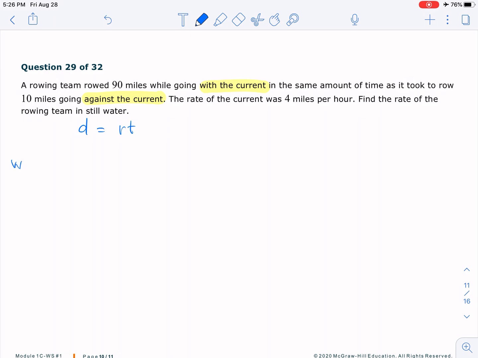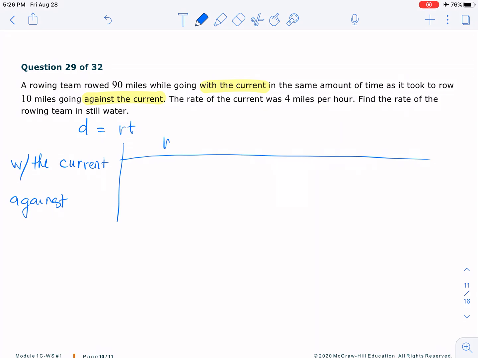So I have with the current and I have against the current. And we have R, we have T, and we have D. Now, we know the rate of the current is 4, but we don't know the rate of the team.